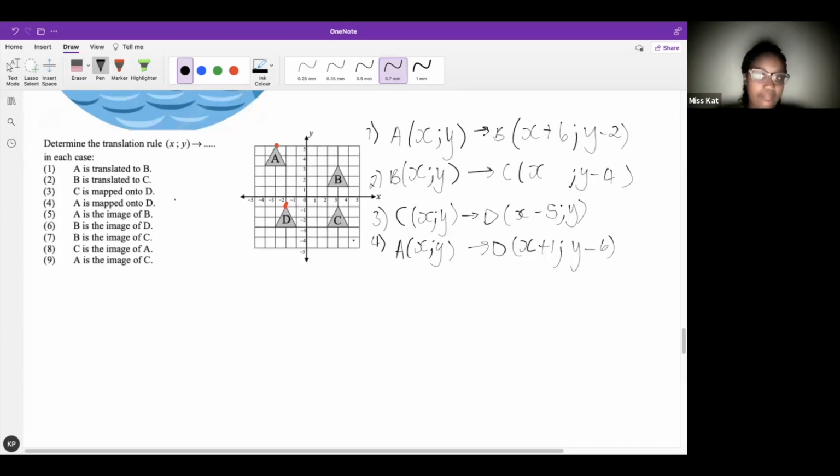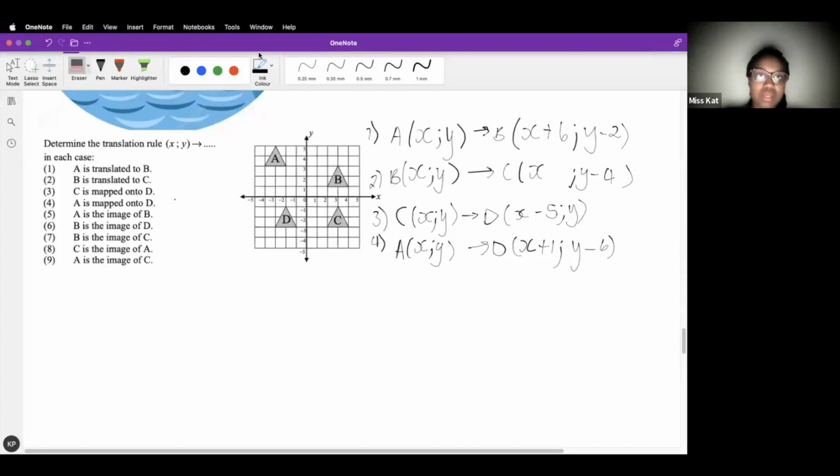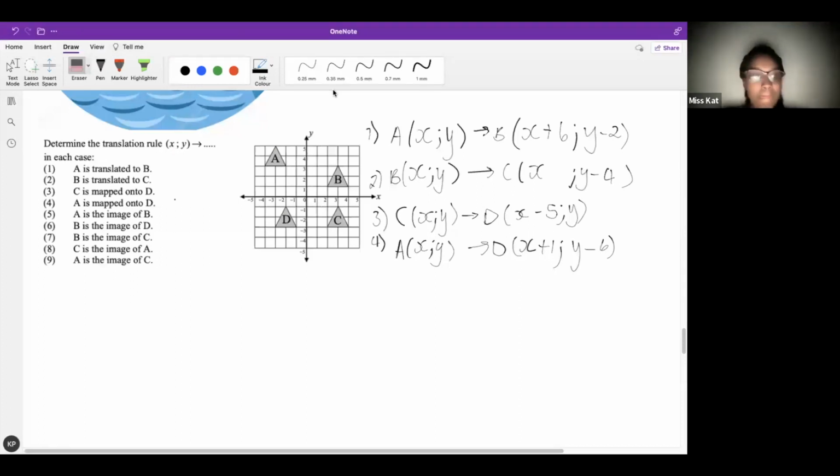Okay. Now, number 5 says, okay, we already did A and B. Okay, the image stuff we're not doing yet because we have not done reflections. But so far, it feels like a lot of people are confused. So far, do we understand what happened here? Thumbs up, thumbs down. Do we understand how to determine the rules of moving shapes?